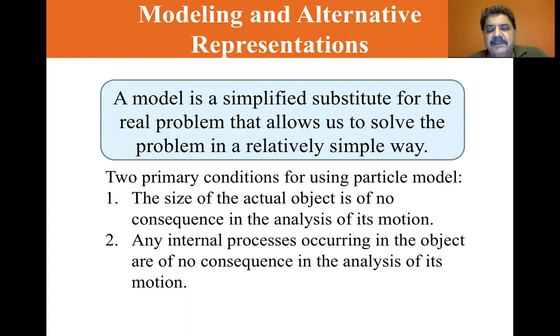Both of these conditions are in action in modeling the Earth as a particle. The radius is not a factor in determining its motion. Internal processes such as thunderstorms, earthquakes, and manufacturing processes can be ignored.